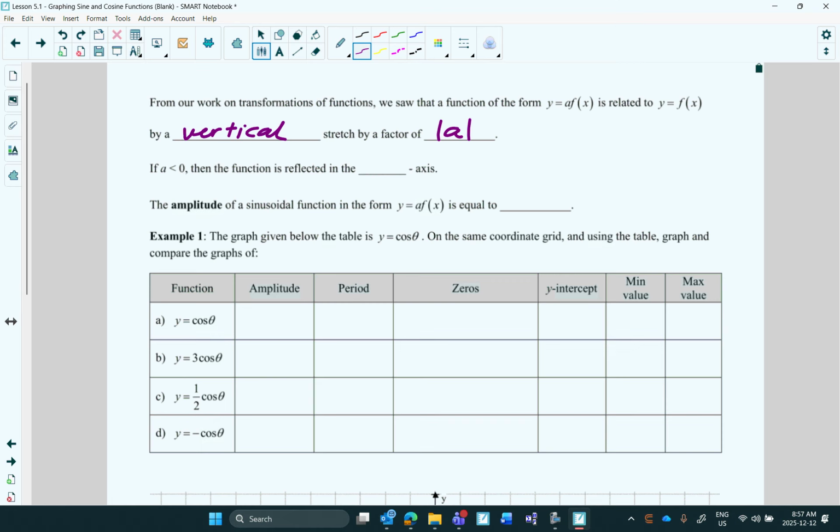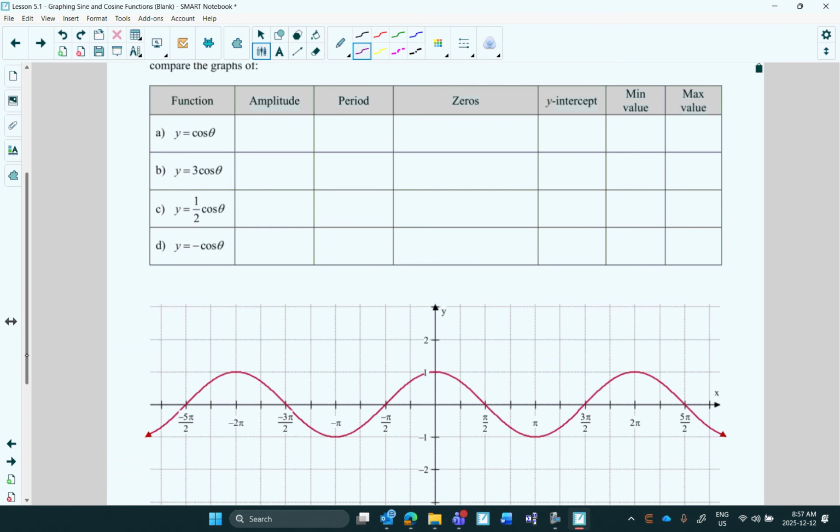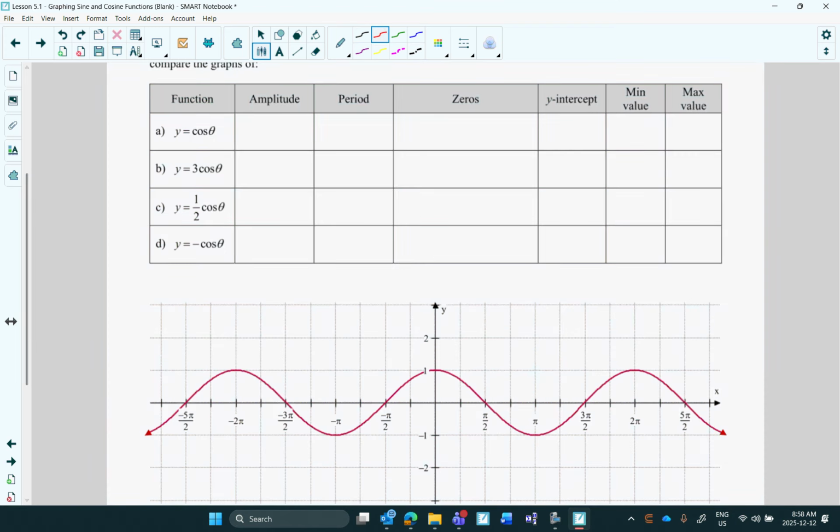So if it's negative, then it's reflected, in this case, it's reflected in the theta axis or midline. Okay. So let's see what some of these look like.